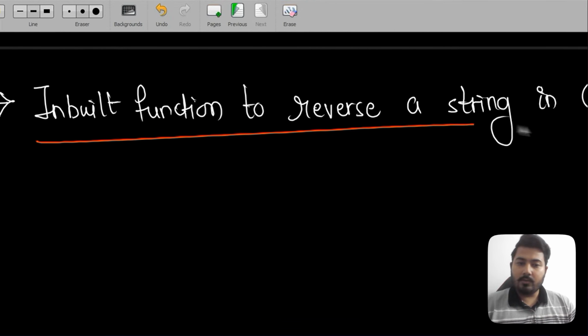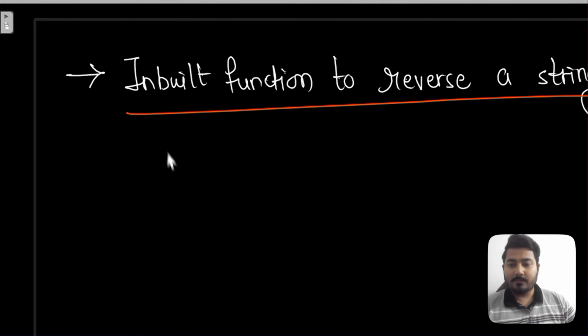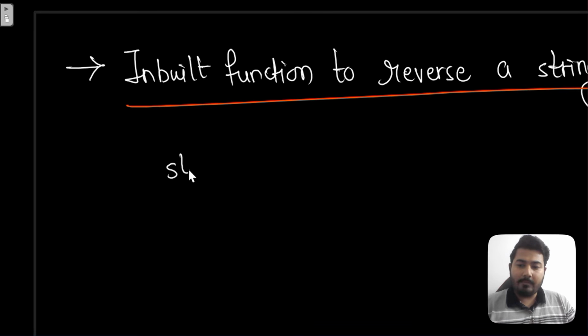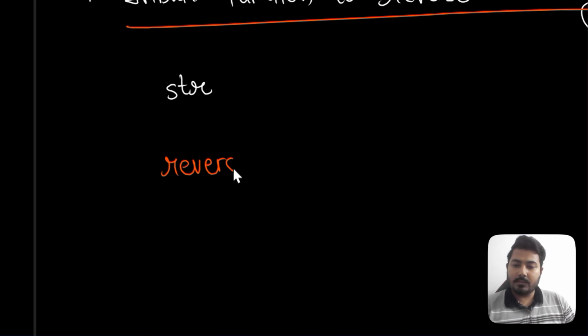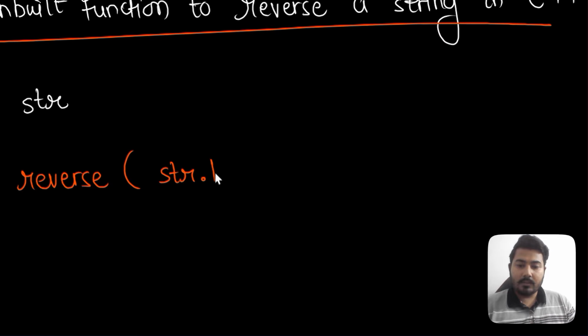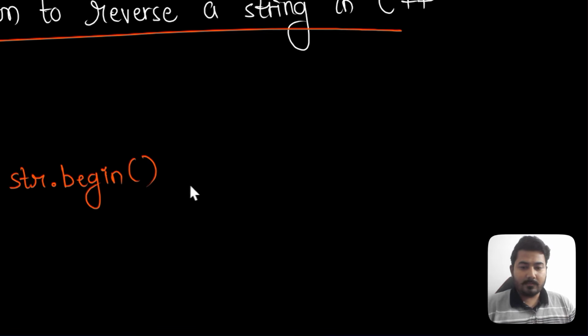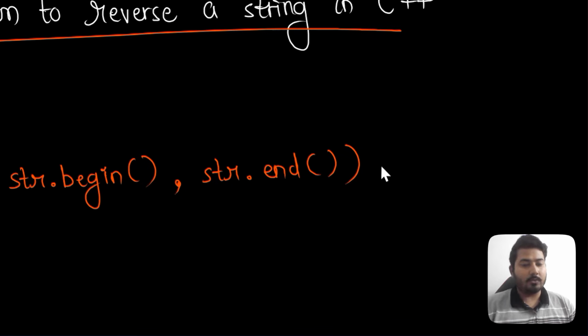Inbuilt function to reverse a string in C++. If you have any string named str, you can simply say reverse. All characters are small only. In brackets, you use the name of the string: str dot begin parenthesis, comma, str dot end parenthesis closed.